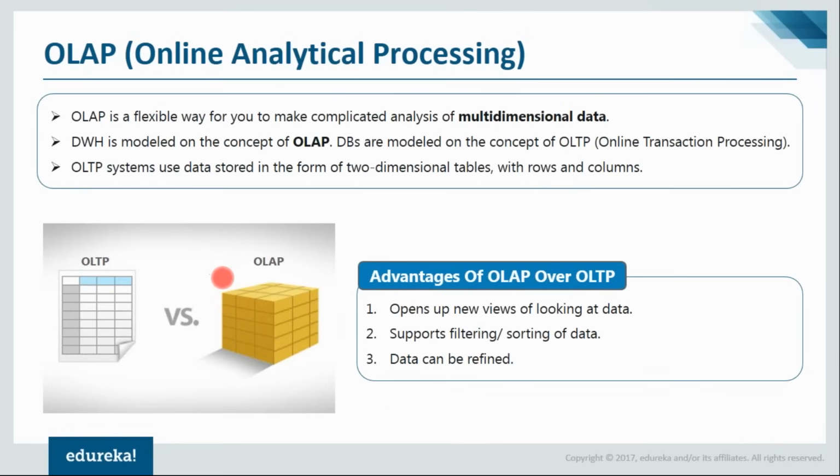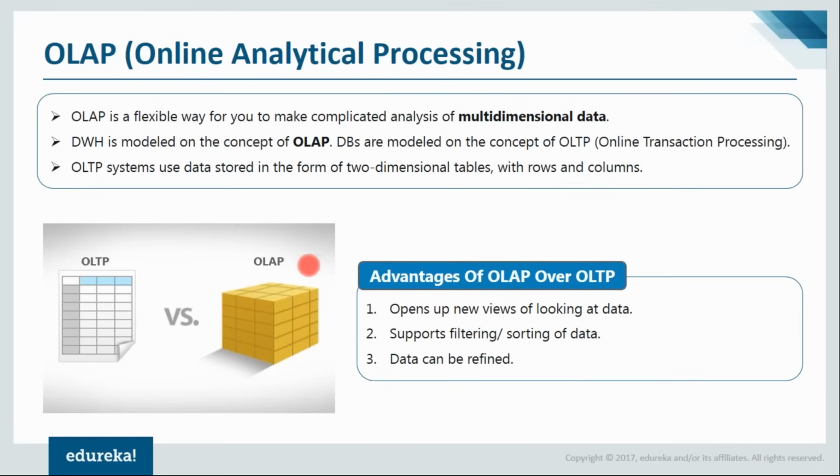There will be multiple dimensions and multiple views that you can get of the same data, with respect to the year, the number of sales, the different products, and you can get a single view of all these things. As you can see, this diagram is more of a 3D view. That's what OLAP stands for.